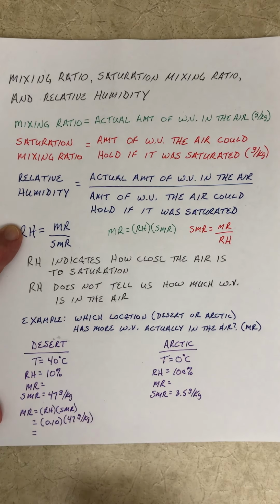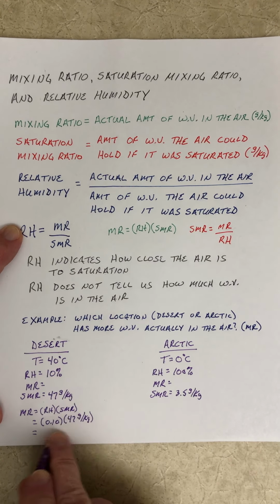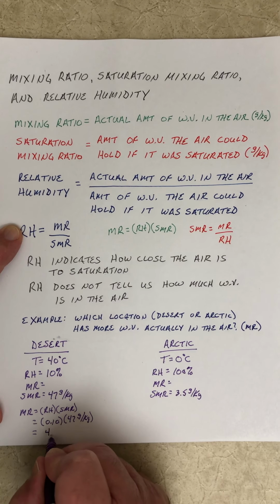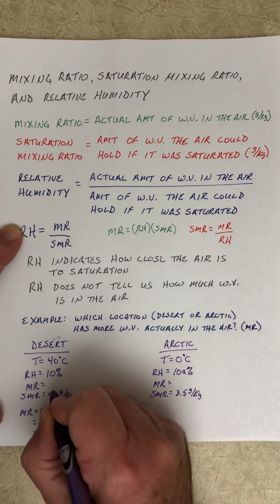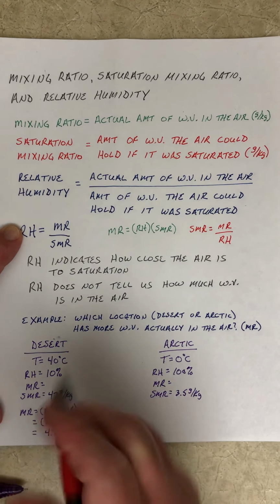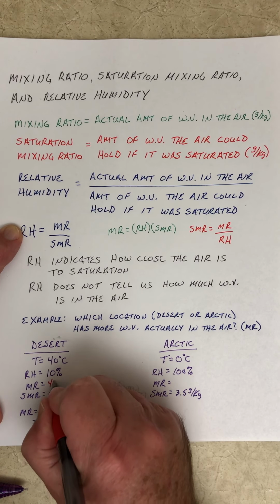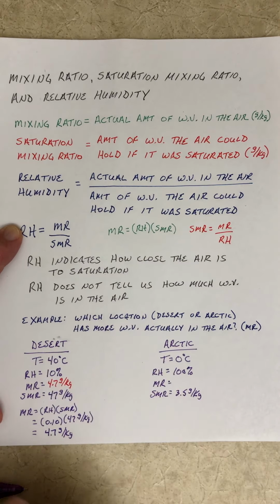So how much water vapor is actually in the air in the desert? 0.1 times 47 is 4.7 grams per kilogram. And I'll put that in a different color so it stands out a little bit. 4.7 grams per kilogram.